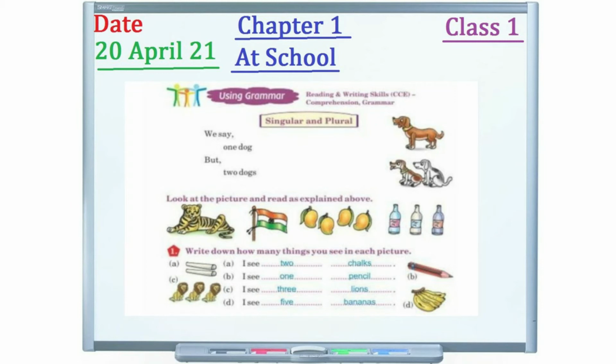A. I see 2 chalks. B. I see 1 pencil. C. I see 3 lions. D. I see 5 bananas.